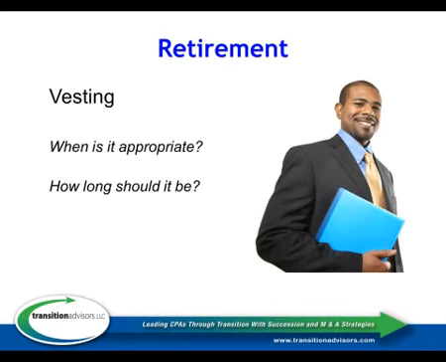At an age of 55 or 60, a partner might become 50% vested at that time, with increasing vesting over the ensuing 5 to 10 years of tenure or 5 to 10 years of age achievement. That's a good way to make sure you're locking your younger people into the succession team.